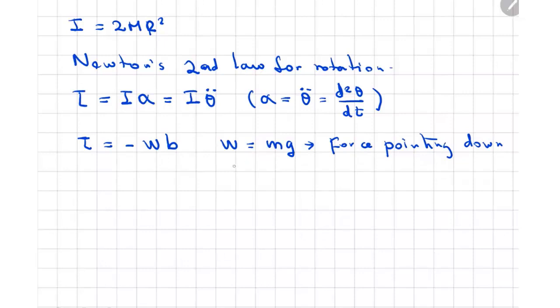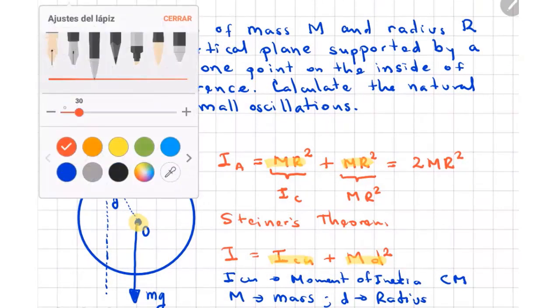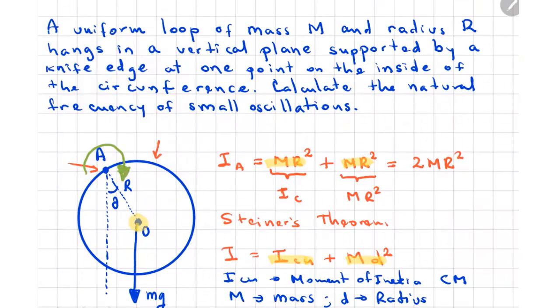And b, what is b? b is equal to r sine of theta. Why is it like that? If we come back to the figure in the problem, we have a triangle here, and we have this angle theta. This distance is the radius.